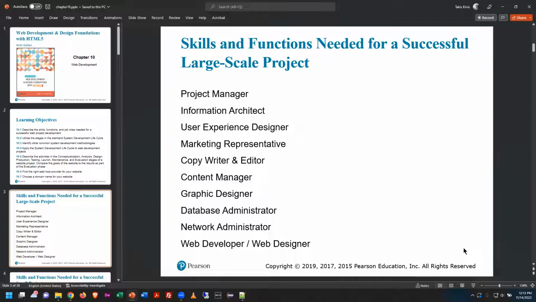But if you're a freelancer or a small company, you might wear all of these hats or some of these hats in your role. And sometimes you switch, like, hey, I'm working on the database today, and tomorrow I'm working on the graphics, whatever it is, right? And that's the reality of being a freelancer.